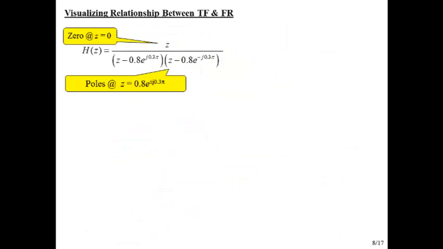So now let's visualize this relationship between the transfer function and the frequency response. So here's a transfer function. I've written it in terms of z, and I've already factored the denominator into two factors with complex poles. So we've got a zero at the origin, and we've got our complex conjugate poles accordingly.